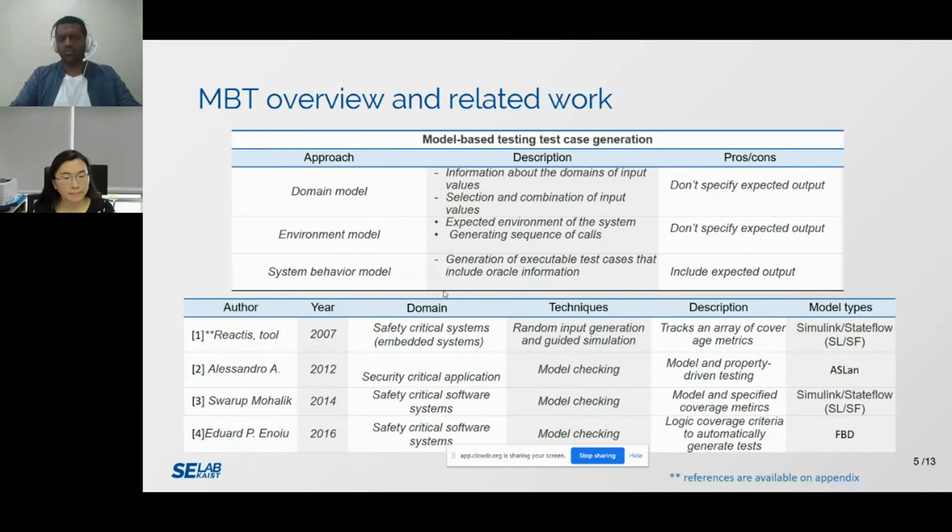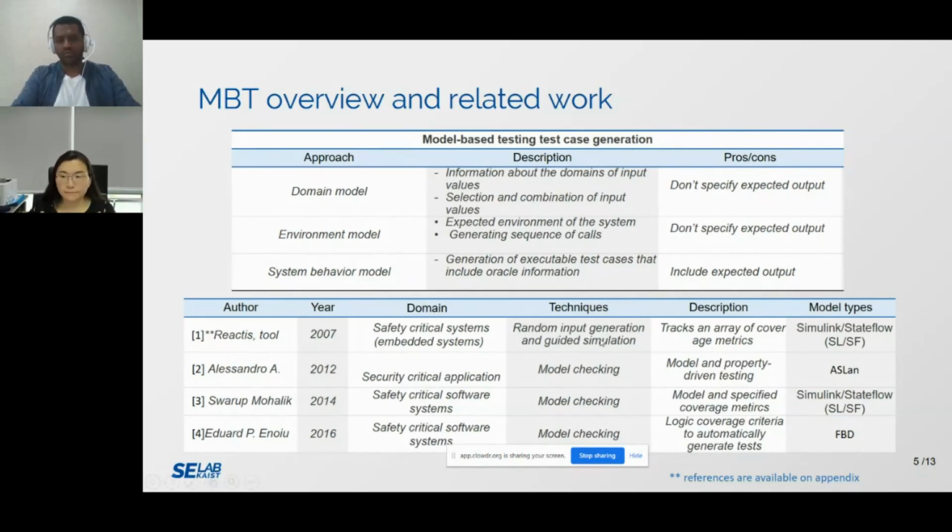However, they can be used in a sophisticated way to design test cases and mix testing on the systems. The system behavior model relies on the behavior of the system, different components, and then based on that behavior, the tests can be designed and generated. So it includes verdict information to make sure whether the tests achieve their goal or not based on the system behaviors.